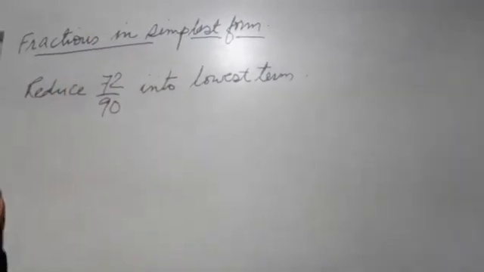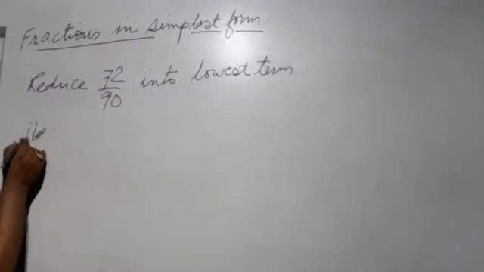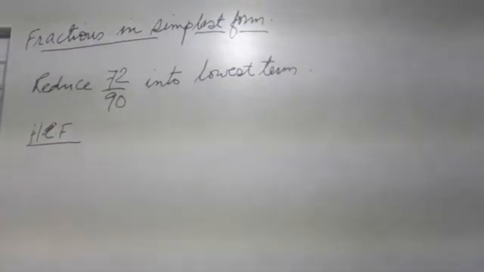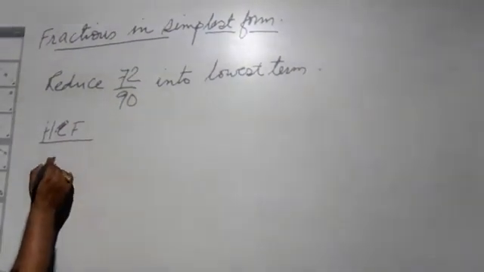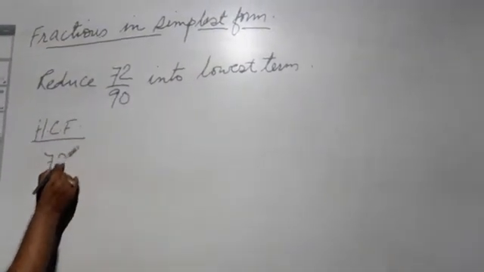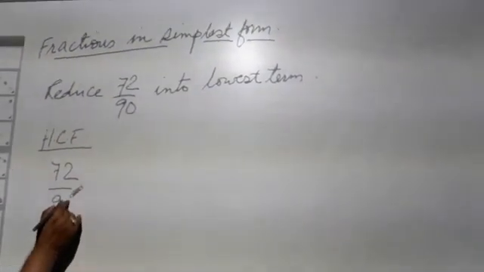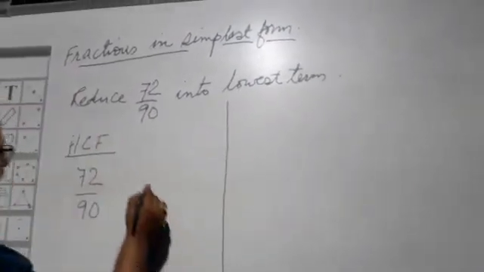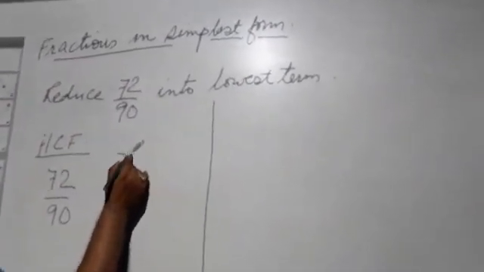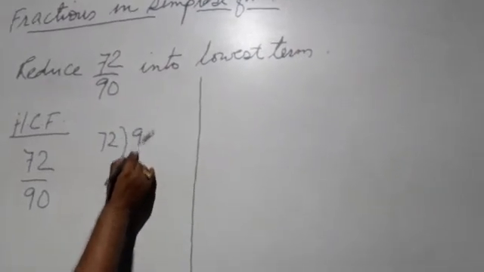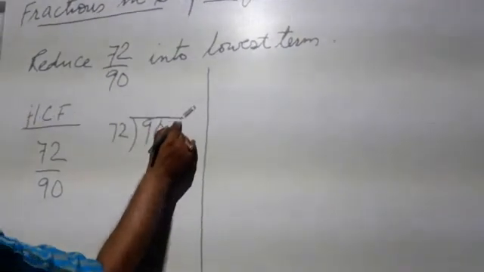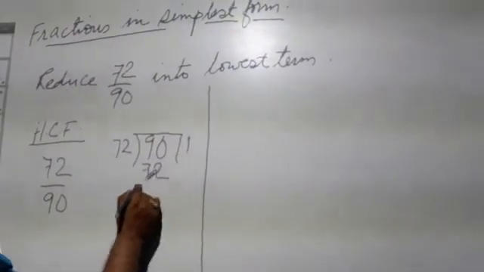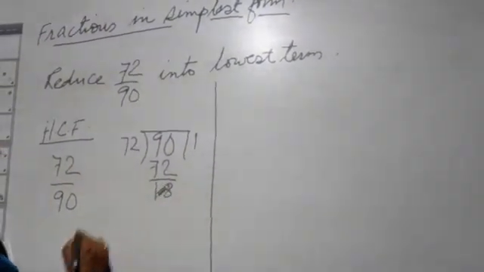First we have the HCF method, by finding the HCF of the two numbers. Here we have 72 by 90, so we find the HCF. For 72 and 90, we know the division method of finding the HCF. 72 ones are 72, 8, 18.